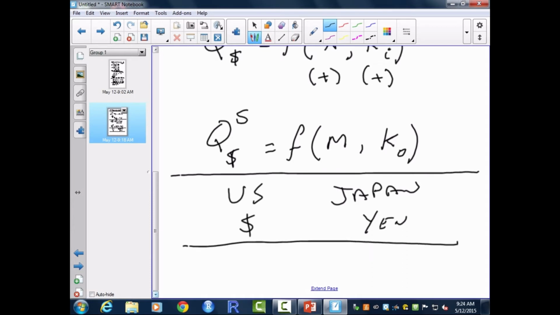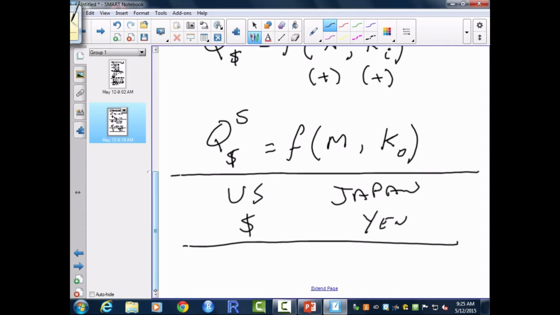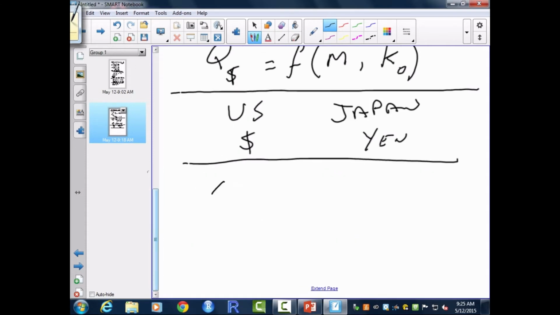Now, we put it in the form of quantity demanded for dollar and quantity supplied of dollar, right? Quantity demanded for dollar would be a function of the Japanese income.